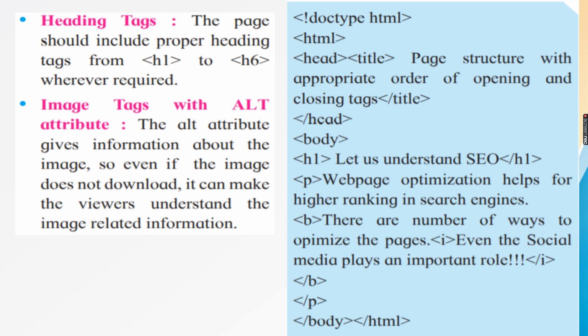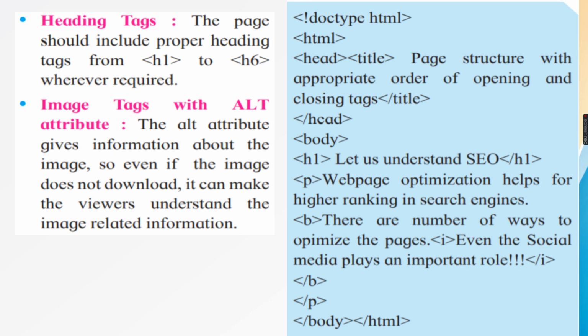Then image tags with the alt attribute, very important. Websites must definitely have images to show some real life activity, because an image is worth 1,000 words. Instead of explaining in paragraphs, you show an image and that's more clear. But the alt attribute must be used with the img tag, it's very important.